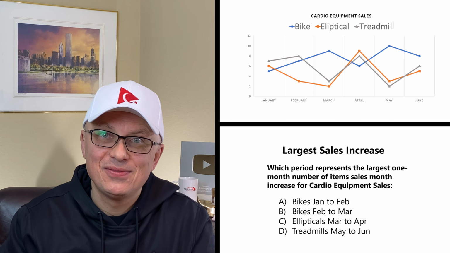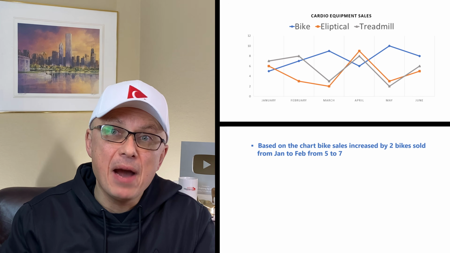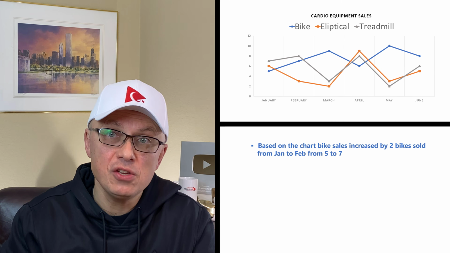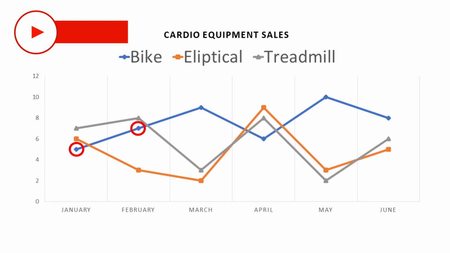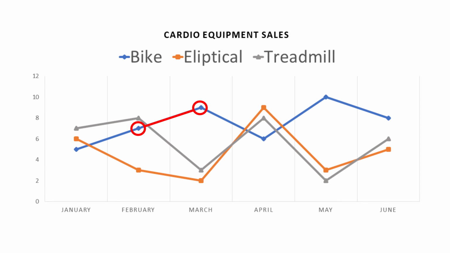Let's do it together. Based on the chart, bike sales increased by 2 from January to February, and the increase was from 5 to 7 items sold. Bike sales also increased by 2 from 7 to 9 between February and March. Elliptical sales, on the other hand, increased by 7 from March to April, jumping from 2 to 9.